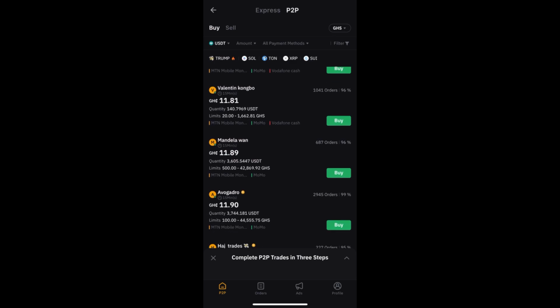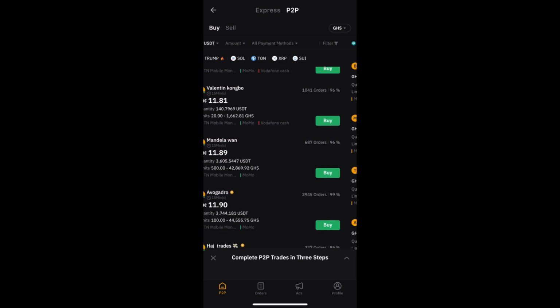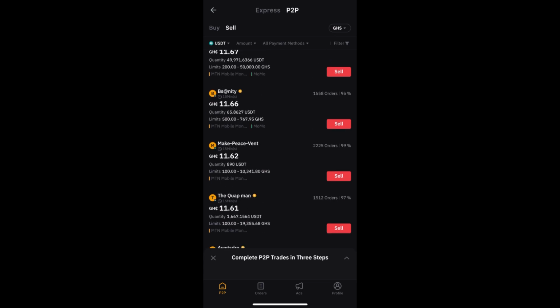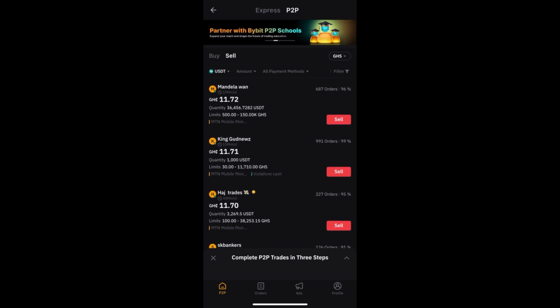You can buy and sell in order to make money, and you can also become a merchant on Bybit in order to make money. Some of these merchants, when you're trying to trade with them, will say they don't pay pesos.